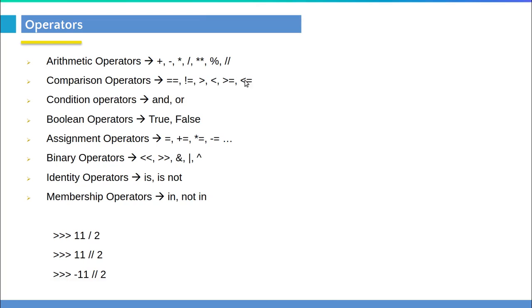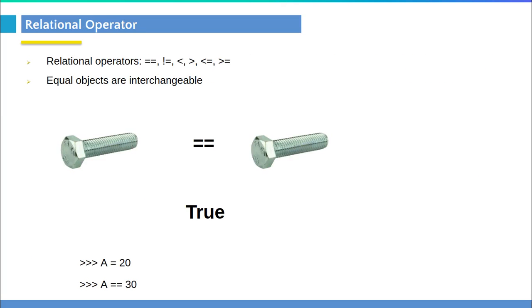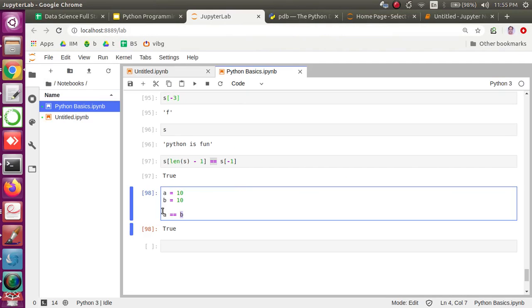Similar comparison operators which we can use are self-explanatory, so I'm sure as and when we use them you will understand them. And Boolean operators, that is True with capital T and False with capital F. Those are case sensitive, guys. So we have to remember, if it is True, then T has to be capital T, correct? So that's how we use, and the comparison operators can be used like this, right? Suppose these are two exactly same objects, we can compare them using double equal to. Okay, that's how we are doing here.